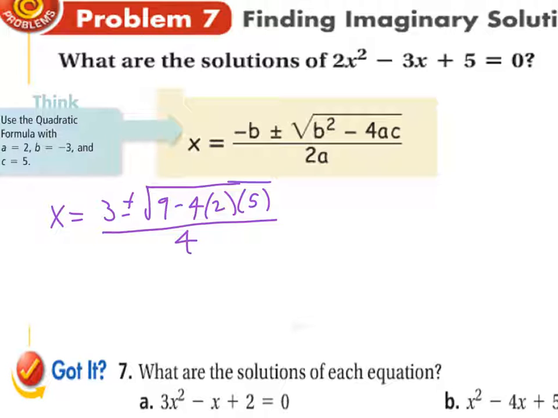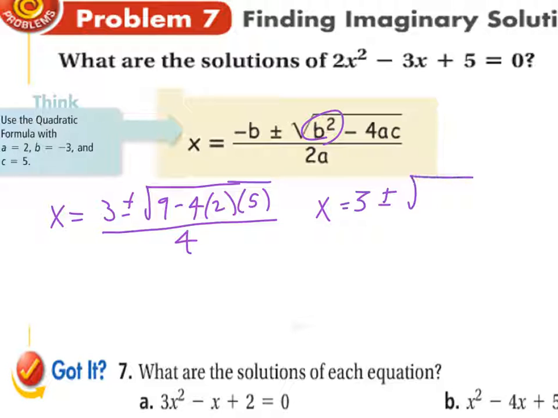And again, I am a big fan of just figuring out what b squared is right away. It kind of makes things easier, I think. So we have our 3.